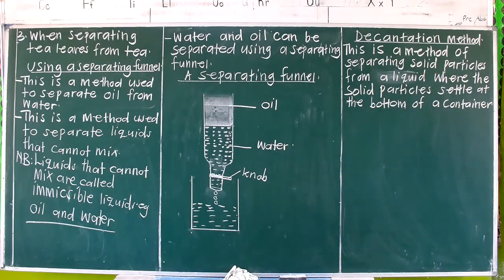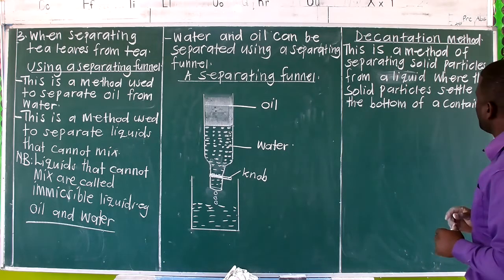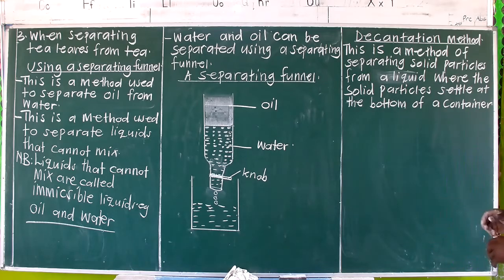So we are saying decantation method is a method of separating solid particles from a liquid where the solid particles settle at the bottom of a container.